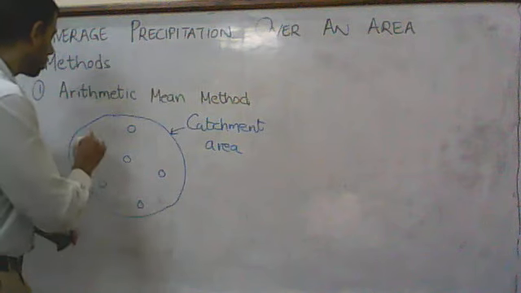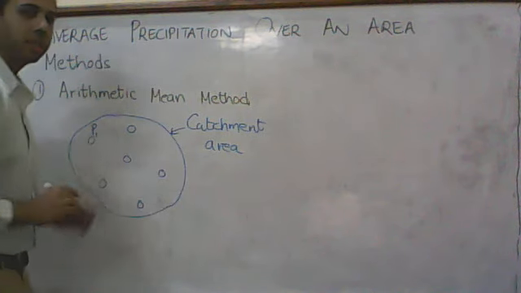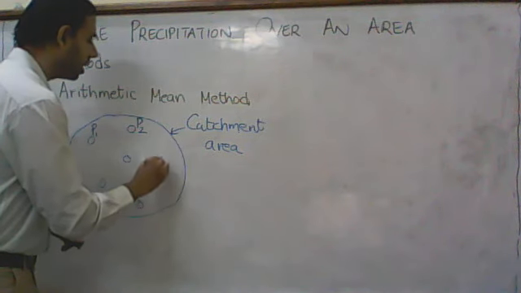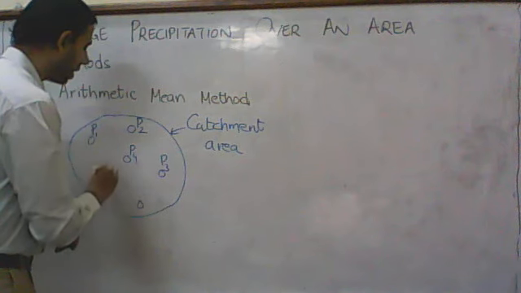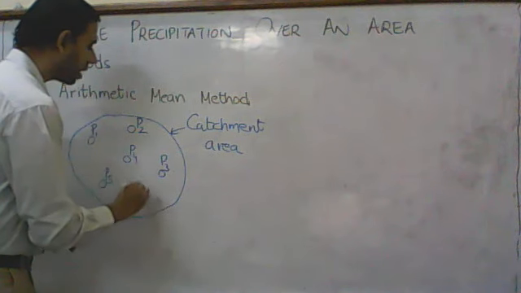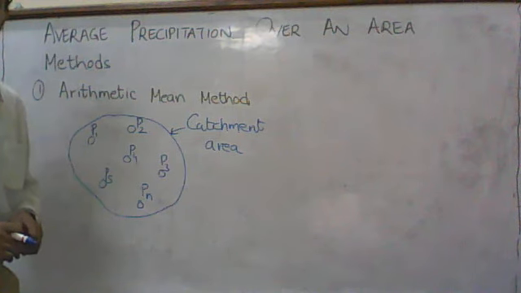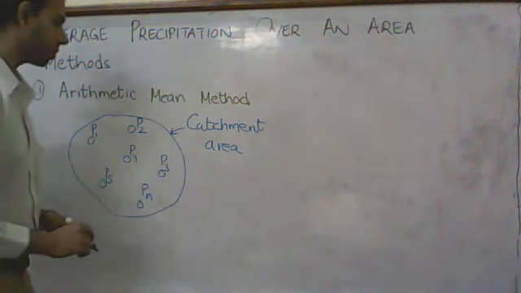Suppose the precipitation in this rain gauge is P1. Here it is P2, here it is P3, here it is P4. Likewise, suppose there are n number of rain gauges.